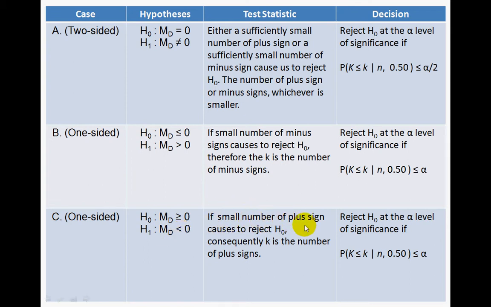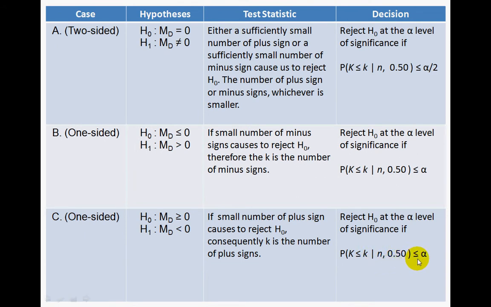For the decision, we will reject H0 at the alpha level of significance if the value from the binomial probability distribution table is less than or equal to alpha, where k is the number of plus signs and n is the sample size.